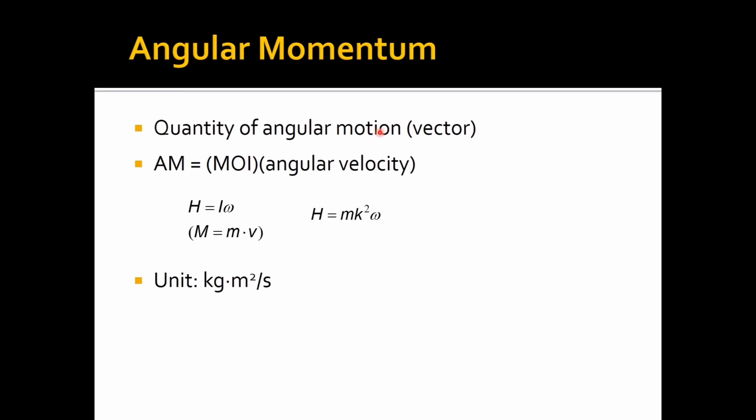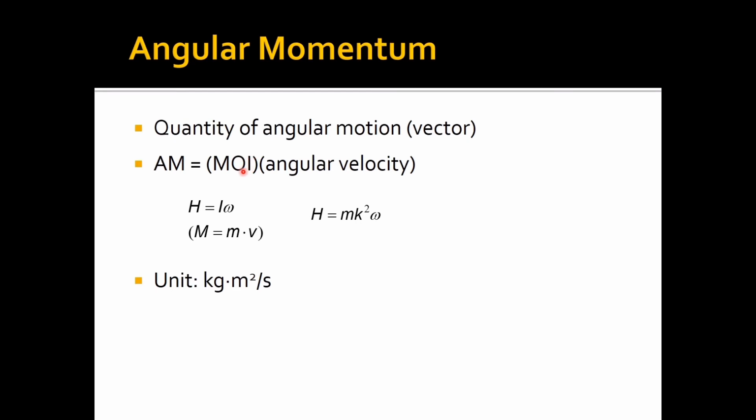You can calculate angular momentum by multiplying moment of inertia by angular velocity. Again, if you go back to linear momentum, we calculate it by multiplying mass times linear velocity. Very similar. Mass is the measure of inertia in linear motion, and as you learned, the measure of inertia in angular motion is the moment of inertia.